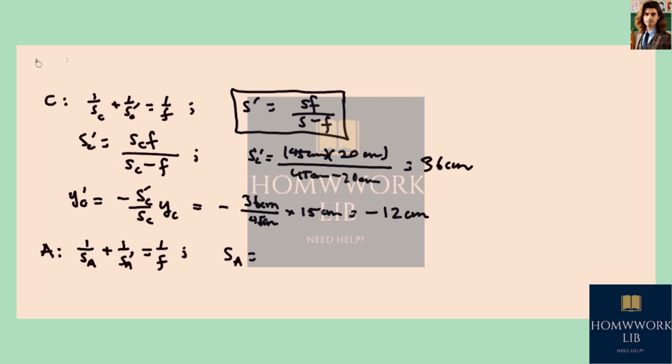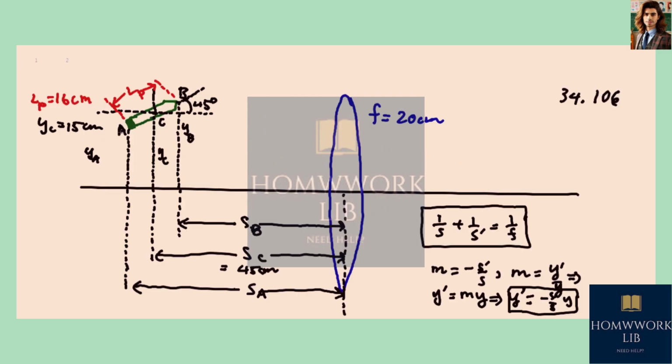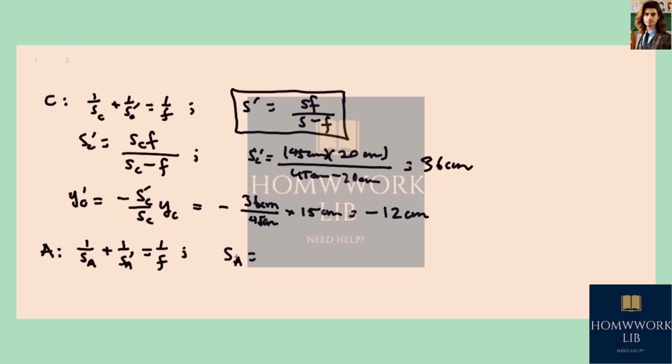So let's look back at the figure. So this pencil is, let me erase this part. So our goal is to find SA before moving on, but just to make things a little bit clearer, let me draw the optic axis.